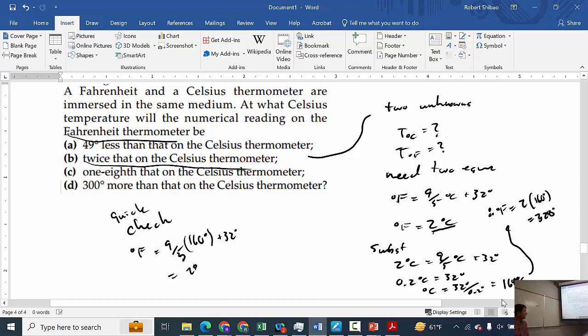So this comes out to 288 degrees plus 32 degrees. 288 plus 32 comes out to 320, which is double the Celsius, right? And so it checks. You got it?